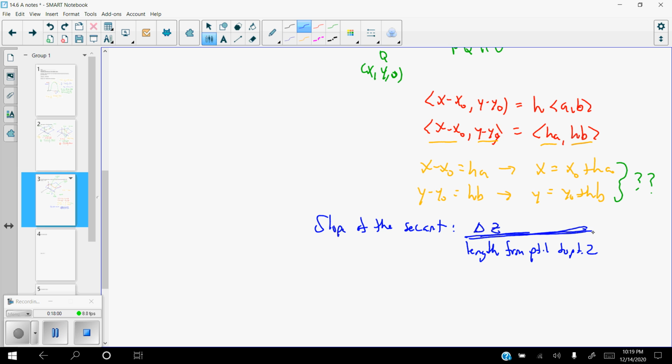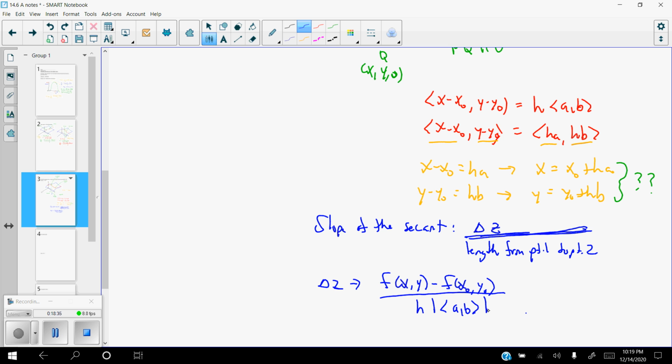So the idea is delta z, the change of z, is going to be f of xy minus f of x naught y naught divided by h times the magnitude of the unit vector AB.